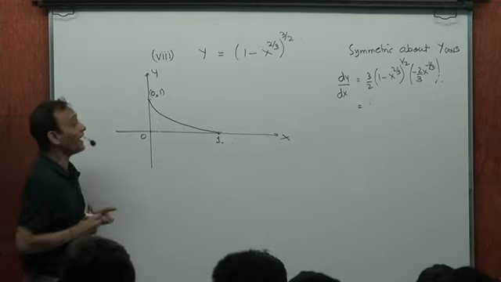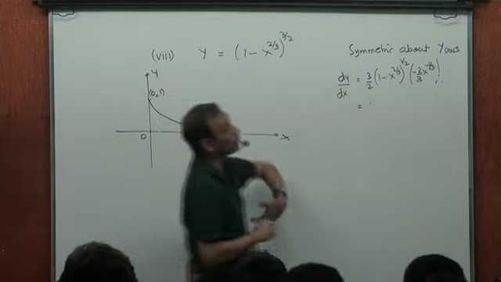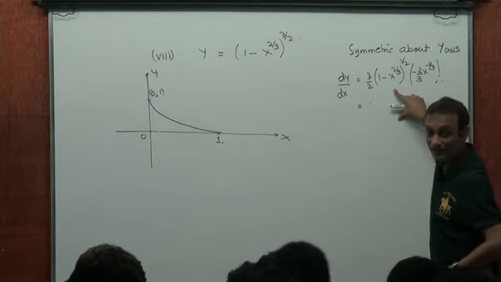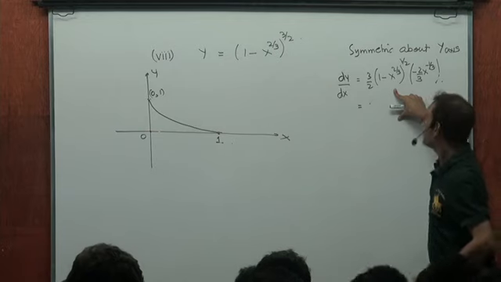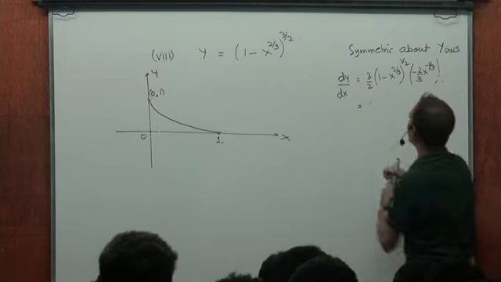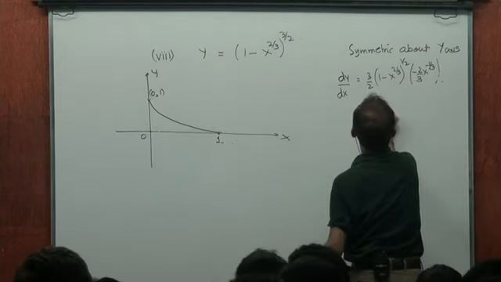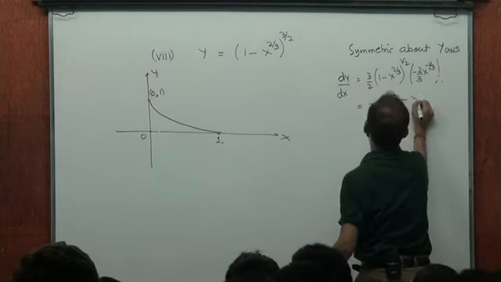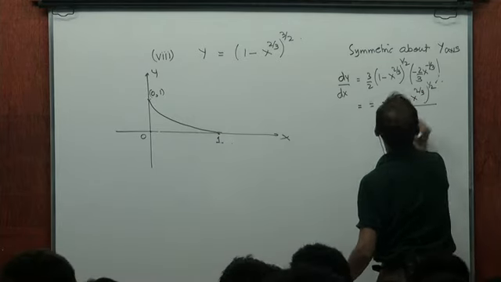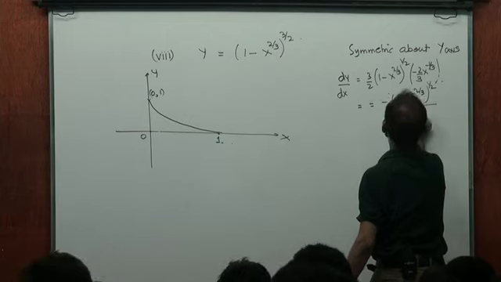Yes or no? At x equal to 0, x to power 1/3 will come in the denominator. This could be written as minus 1 minus x to power 2 by 3 whole to power half divided by x to power 1/3.